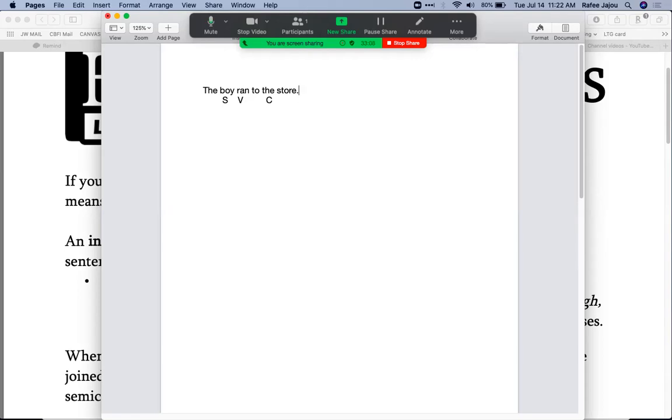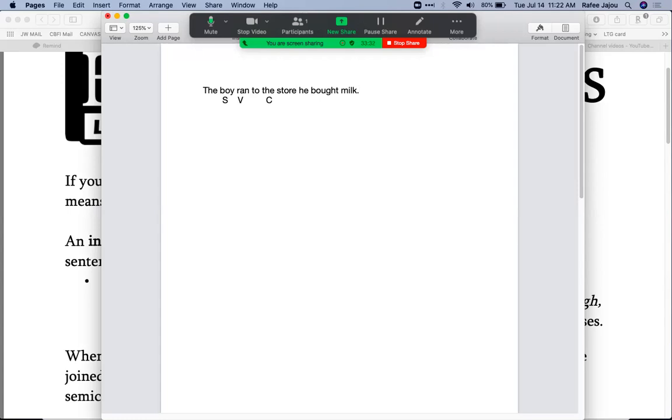What happens with the run-on is we get another independent statement that is joined here without the proper punctuation. So what we have is: the boy ran to the store, he bought milk. And then someone does this, puts a comma in. Now you have a run-on. Why? Go back to your definition.